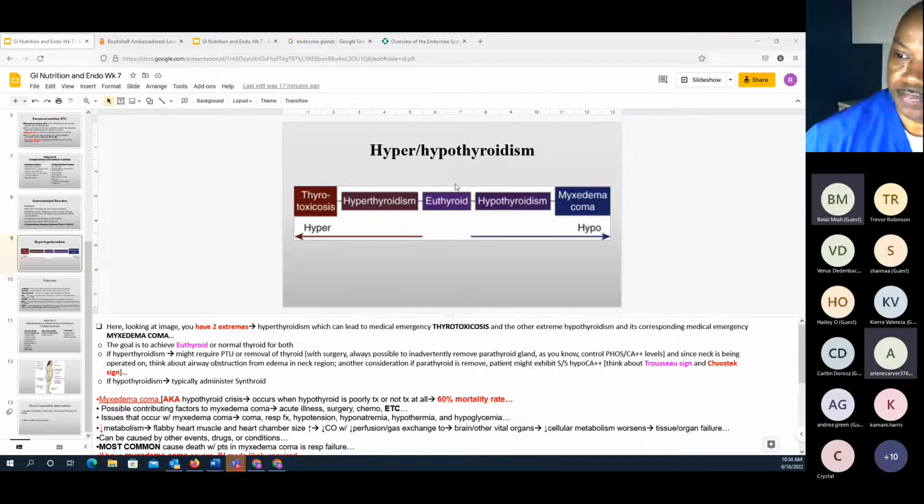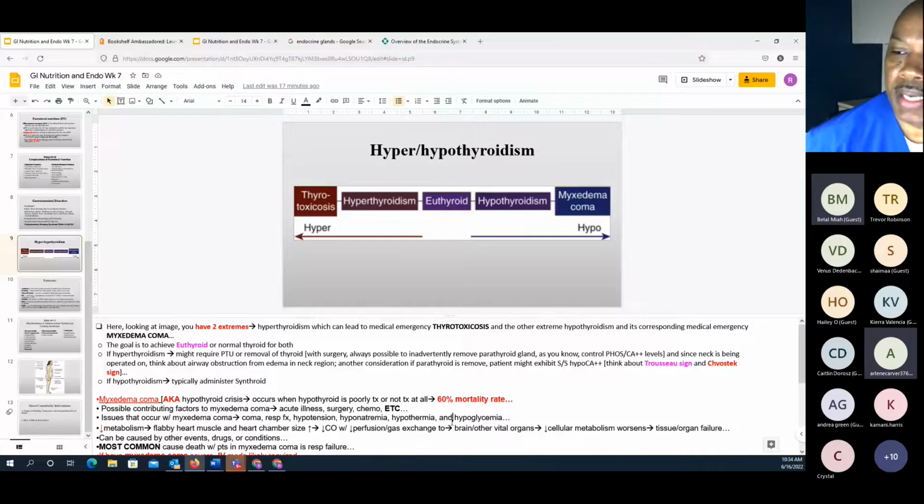So now you push them to the opposite direction, so we need to titrate that medication downward. We have to titrate it down, because now they're on the opposite end. So we always have to titrate again until we can get that euthyroid state. That's the goal. That's what we're trying to achieve: euthyroidism.